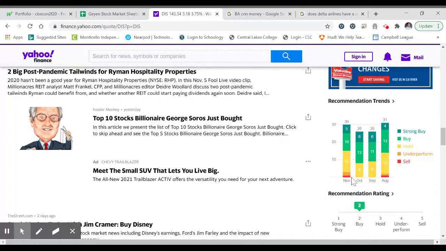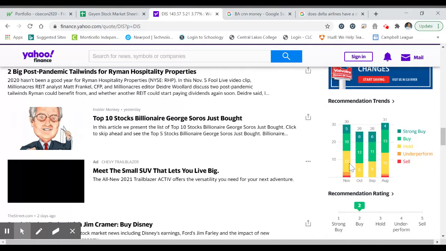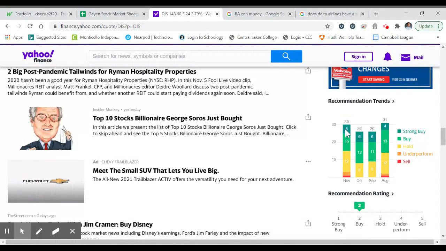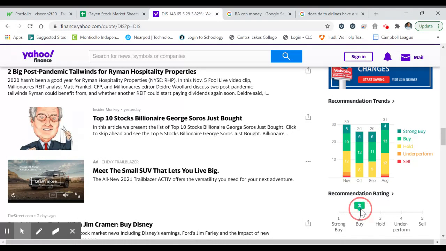Okay, there's 30 Yahoo analysts. There's the number 30. And of that, there's 5 and 10. So 15 out of the 30 say that Disney's a strong buy. Also, they have a 2 mean recommendation. Okay, 1 would be a strong buy. 5 is a sell. So 2 is pretty good.